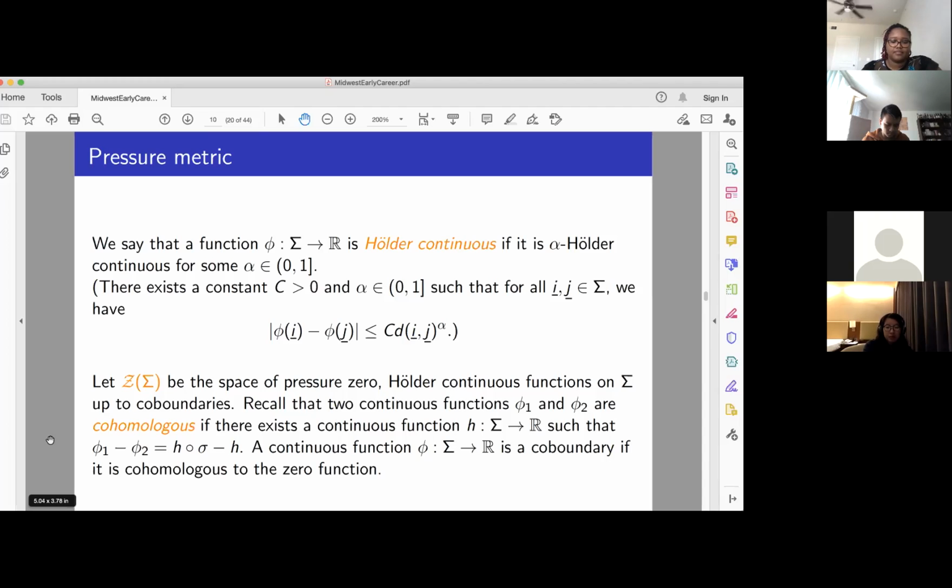And a continuous function is called a coboundary if it is cohomologous to 0. So basically, we consider pressure 0 Holder continuous functions on sigma up to coboundaries. So this is the space of cohomology classes of pressure 0 Holder continuous functions on sigma.